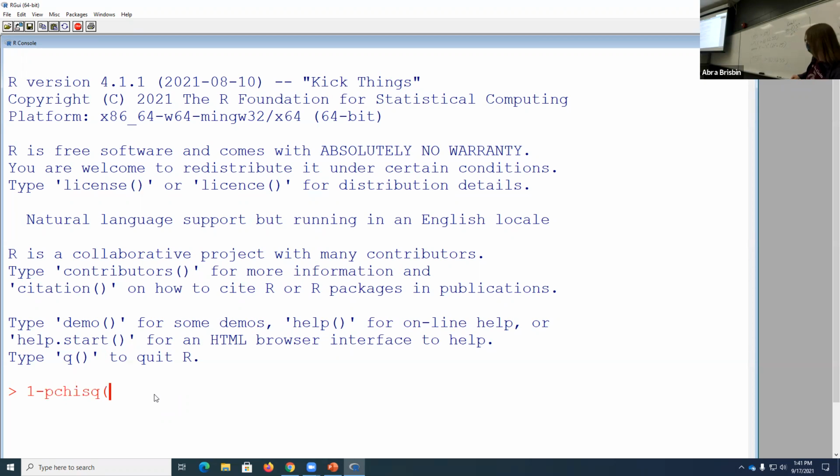And then we want the probability of being greater than 10.1235, with our degrees of freedom equal to 15. So that probability is 0.811.